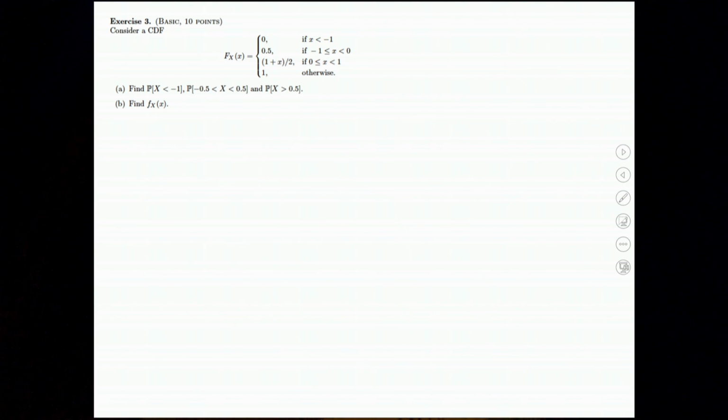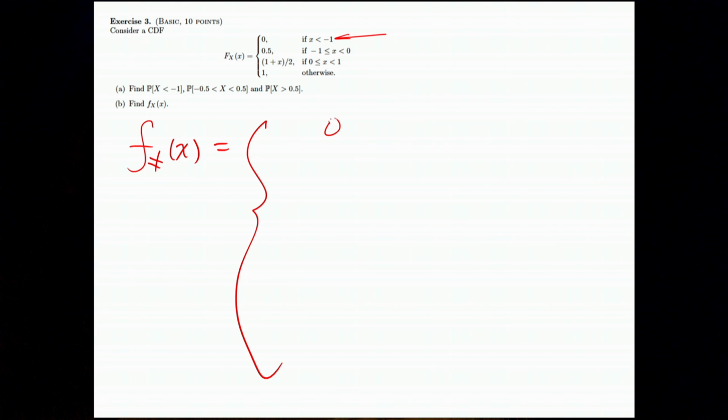Next, to find the PDF, we take the derivative. So the f of x will be, I take the derivative from here, it's still 0 for x less than minus 1. Here, 0.5 from minus 1 to 0. So at minus 1 here, I will have a jump.